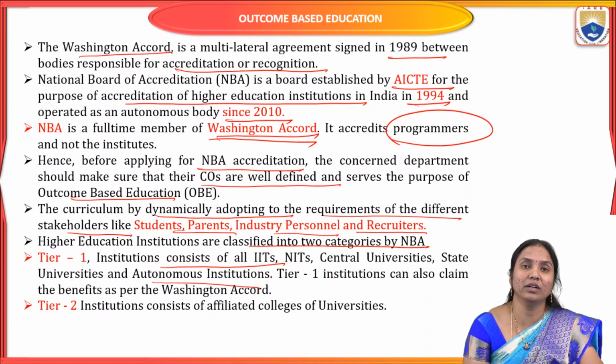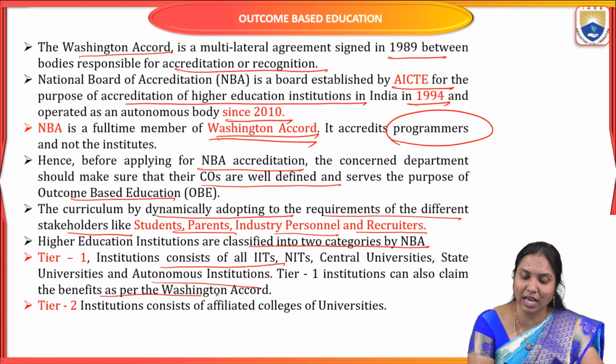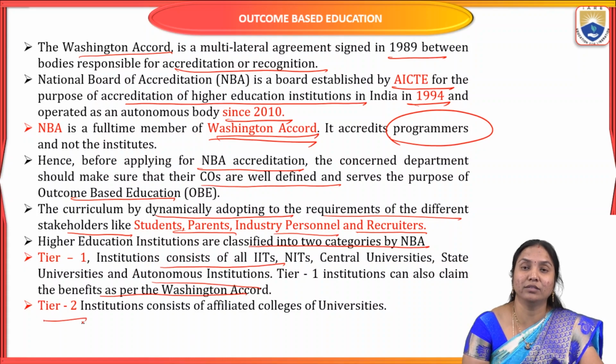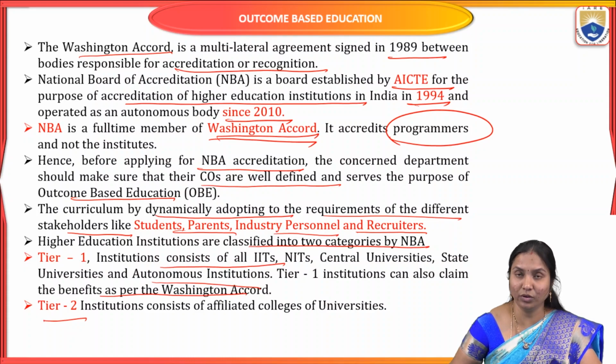All these are included under Tier 1, and these institutions can also claim benefits as per the Washington Accord. Tier 2 institutions consist of affiliated colleges of universities, like JNTU affiliated and OU affiliated colleges. These are under Tier 2 according to NBA.